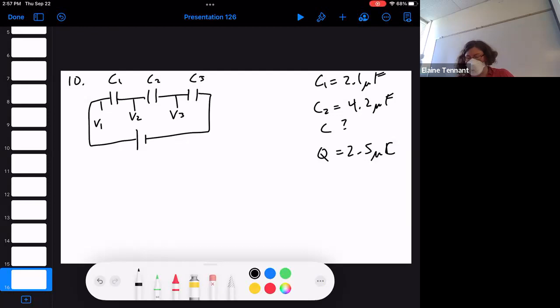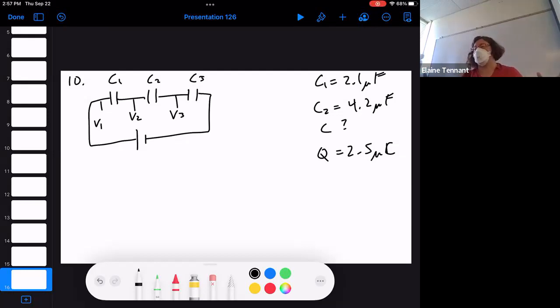Now, do I need to specify which capacitor I'm talking about when I say the charge stored on the capacitor? Given that these 3 capacitors are in series, no, because on Tuesday we talked about capacitors in series and what's the same between them and what's different.